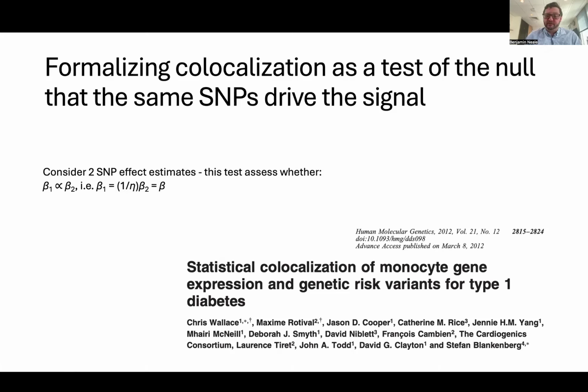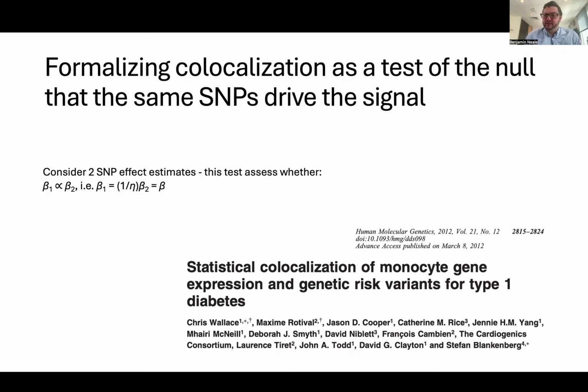Those association couplings should remain consistent. And so you can look at the pattern of association signals in a locus to see whether or not all of the SNPs fall along that expected line as a function of linkage disequilibrium. Now, LD, or the correlation amongst genetic markers, is still a major problem for these kinds of colocalization methods.